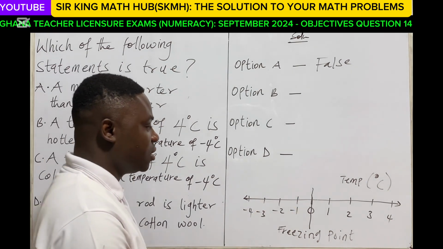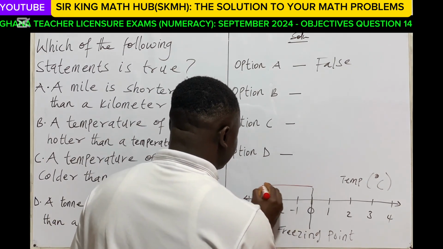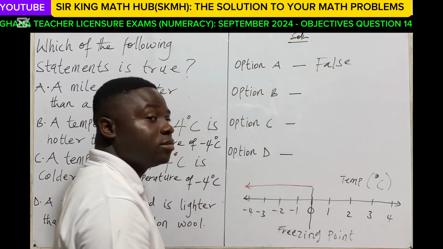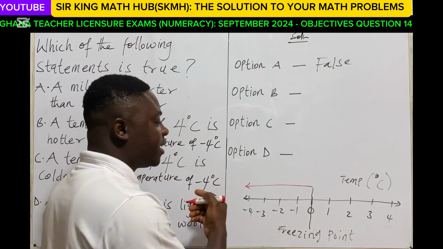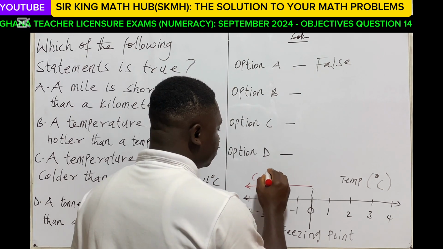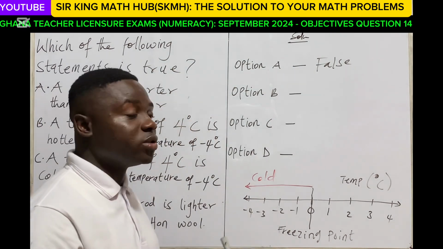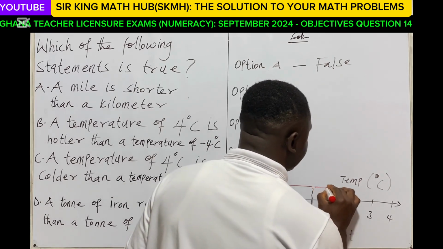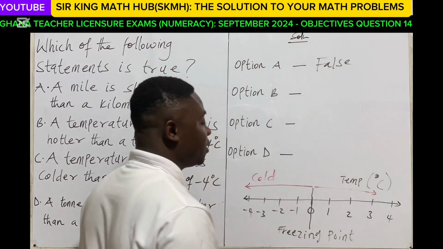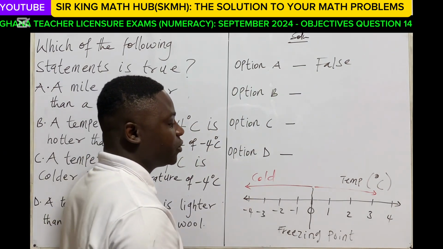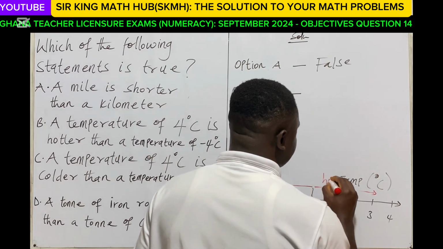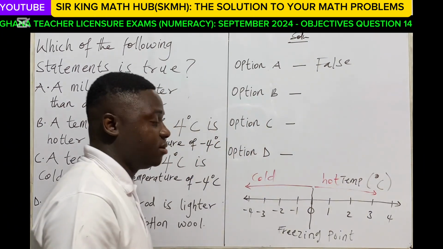So with this, it should give us an idea that moving from the freezing point of water to the left direction, the temperature will be cold, and on the right hand side of the freezing point, that is a hot temperature.